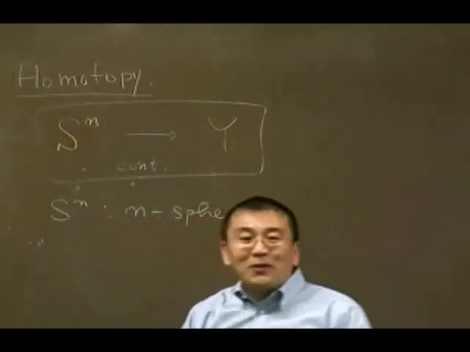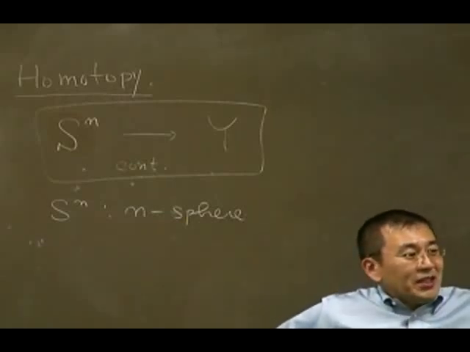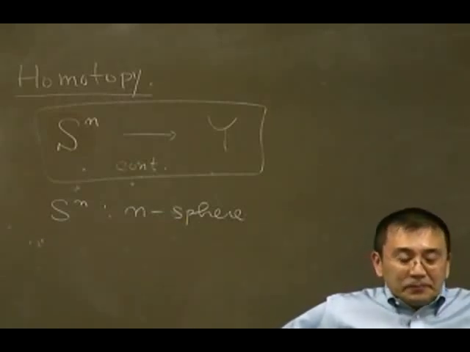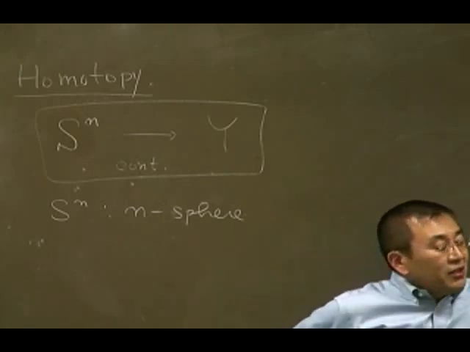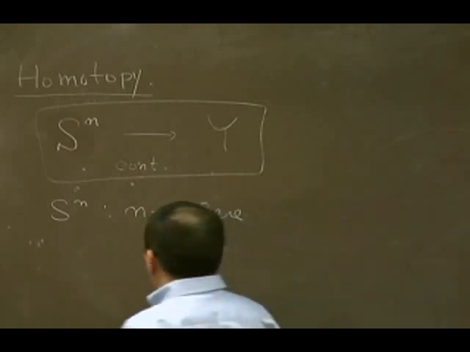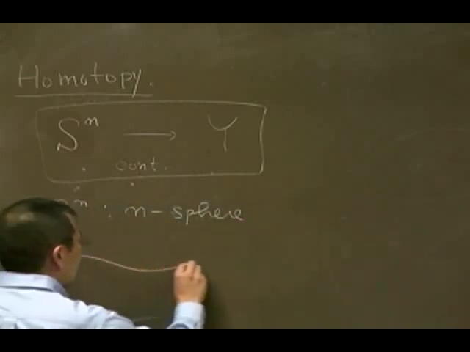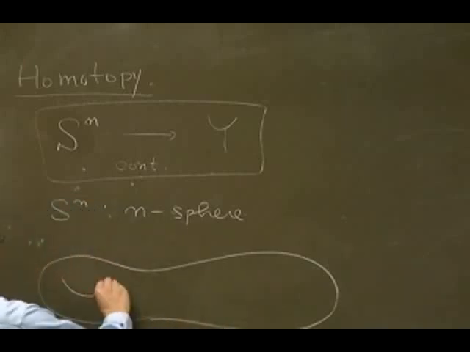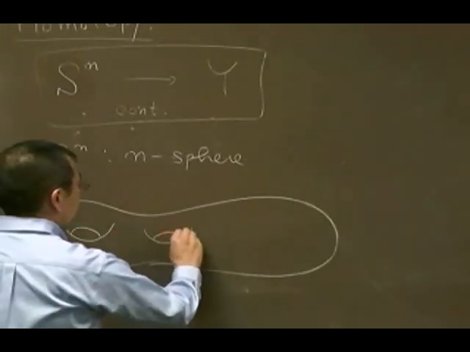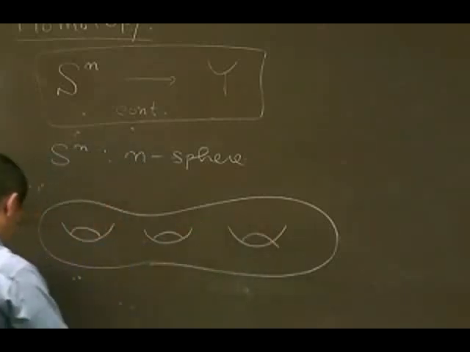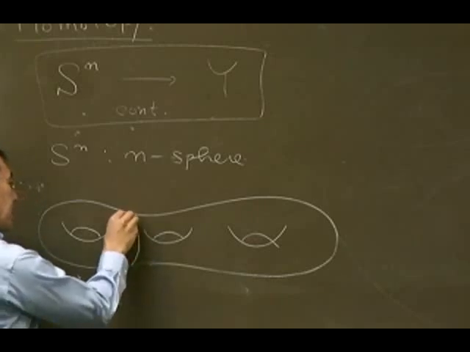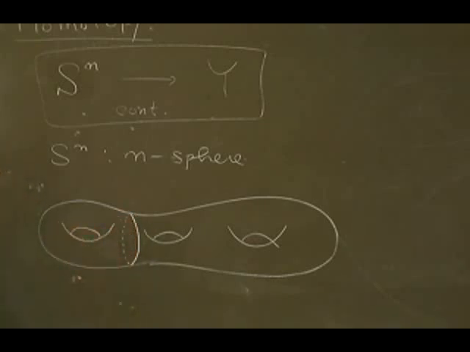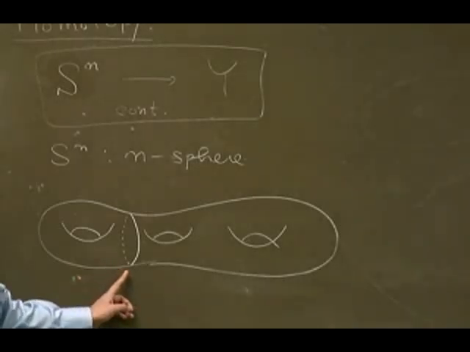Now, homotopy is often confused with homology. Homology is what we studied in the previous quarter, so we have to be careful about that. They are distinct notions. For example, if you have a two-dimensional closed surface with various handles, and suppose you consider this kind of cycle. This cycle right here is homologically trivial.